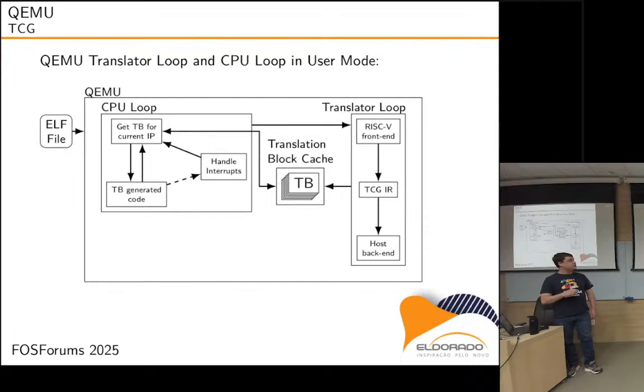You have the QEMU process that will load an ELF file, and you have 2 main loops, the CPU loop and the translator loop. In the beginning, the translator loop will look at the instruction pointer that the emulated processor is trying to execute, and we check if there is a translation block for this instruction. If this instruction is already translated, it will jump to the translated code that you execute until you have a jump. So it works as basic blocks, just like any other compiler.